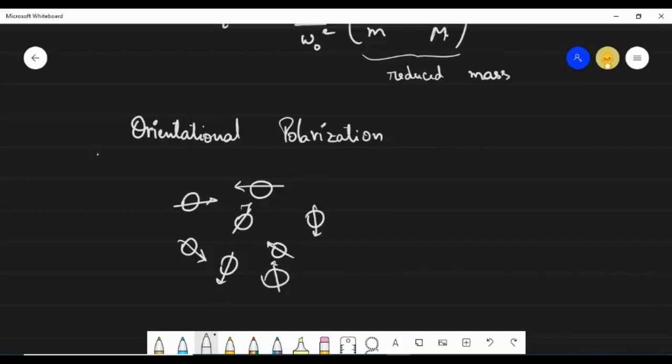But when an external field is applied, the dipoles get oriented in the direction of the applied field.